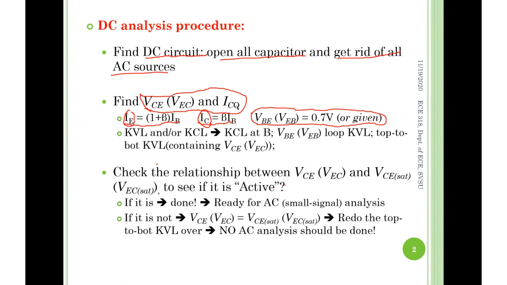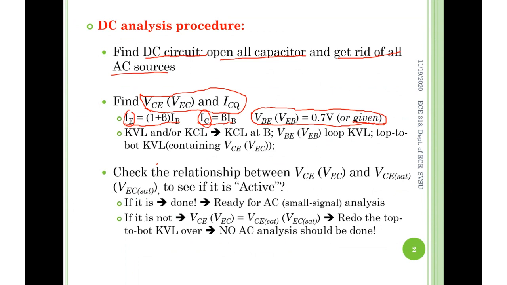VBE or VEB is a constant. Generally speaking, it is 0.7 volts, or any close value according to the problem. Just be careful to read it. VBE is a constant voltage value. It's a very, very nice and easy equation. You don't want to forget it.